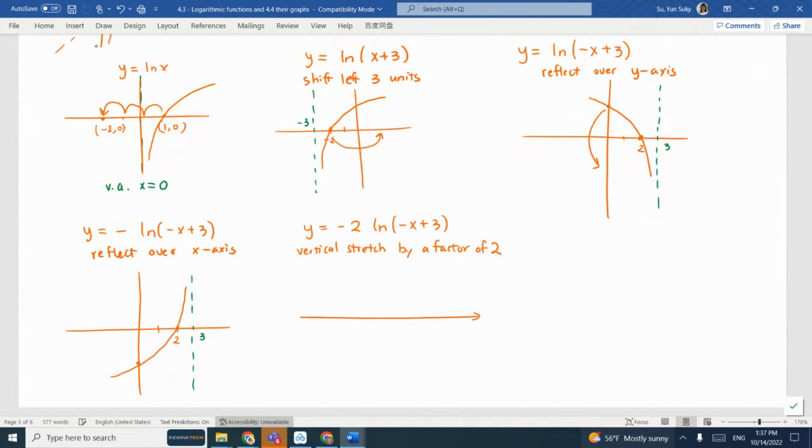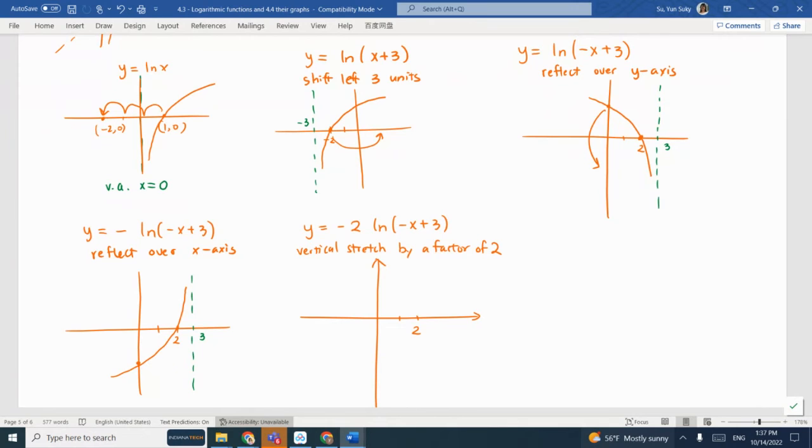All right. So what happened to this point? It stays the same because your y coordinate is 0. 0 times 2 is 0. Yes, everybody? So this point stays the same.